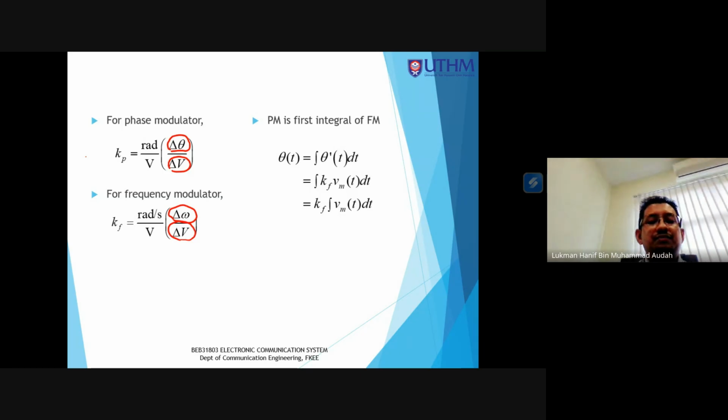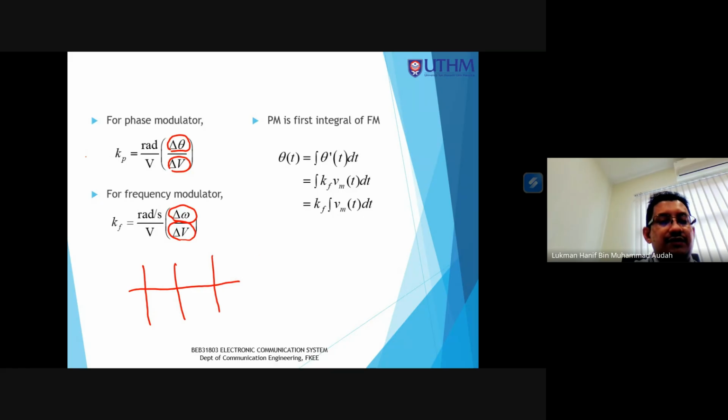We have asked this question in the final exam, where we give the values in the form of a table. For example, I give you a table like this: this is omega, this is the voltage.